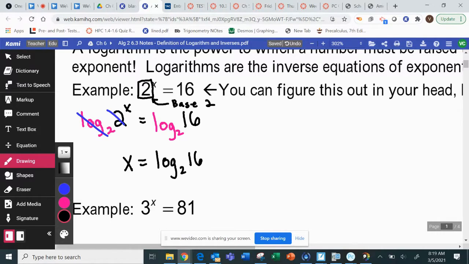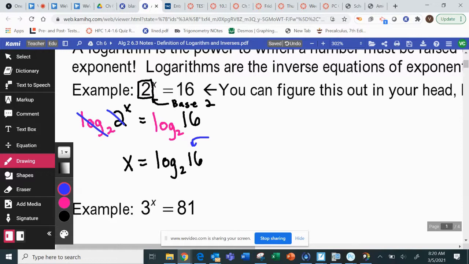Now I'm going to show you how the logarithm works. This is not exactly, but this is really closely related to what we did in chapter 5. 16 can be reduced down to a power. 16 is something to a power. What's 16? What to what?